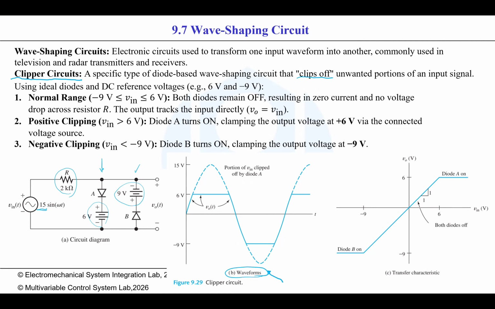What's the condition for diode A to turn on if we assume it's an ideal diode? An ideal diode just means we assume the knee voltage, or threshold voltage, is 0.